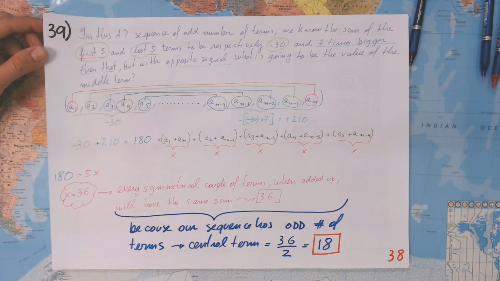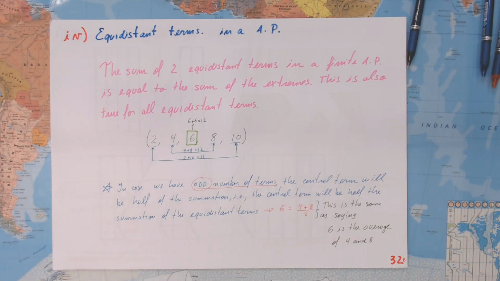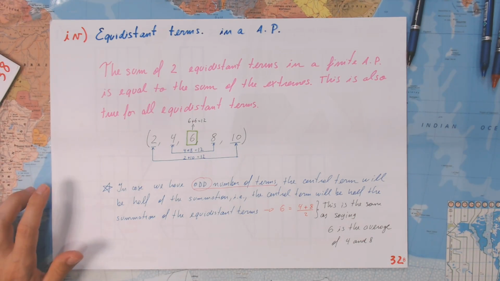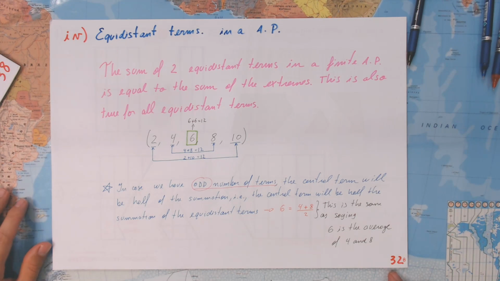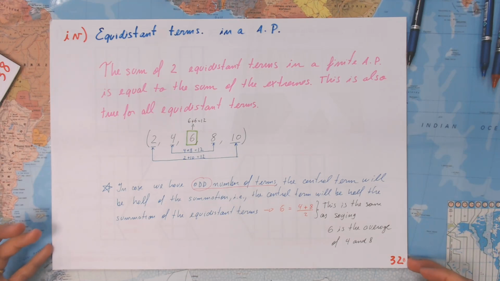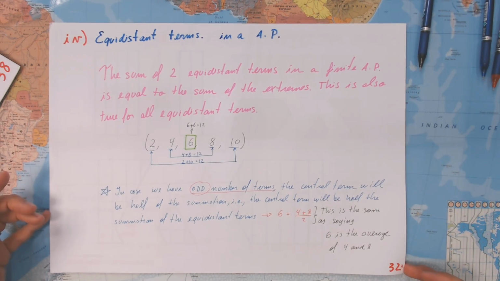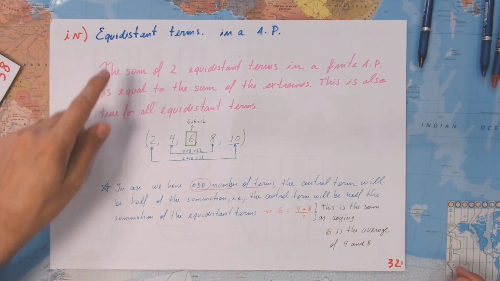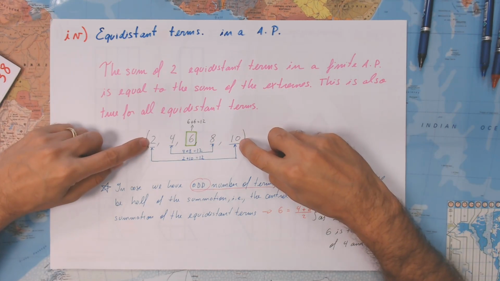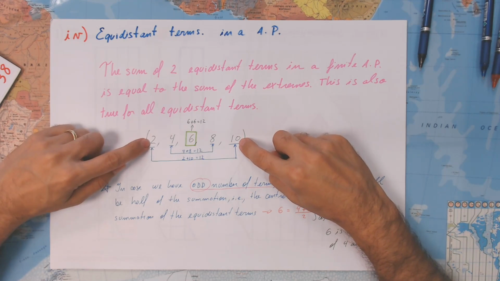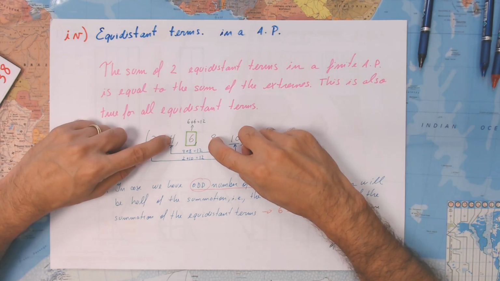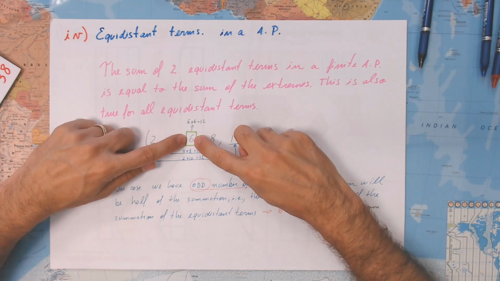And just to remind you, this property is on page 32b. Why 32b? Because there are 32a and 32b. I'm sorry, I messed up the numbering in here. Remember, when we have equidistant terms, look here, follow me. 2 and 10, 12. 4 and 8, 12. This is the middle, half of 12.